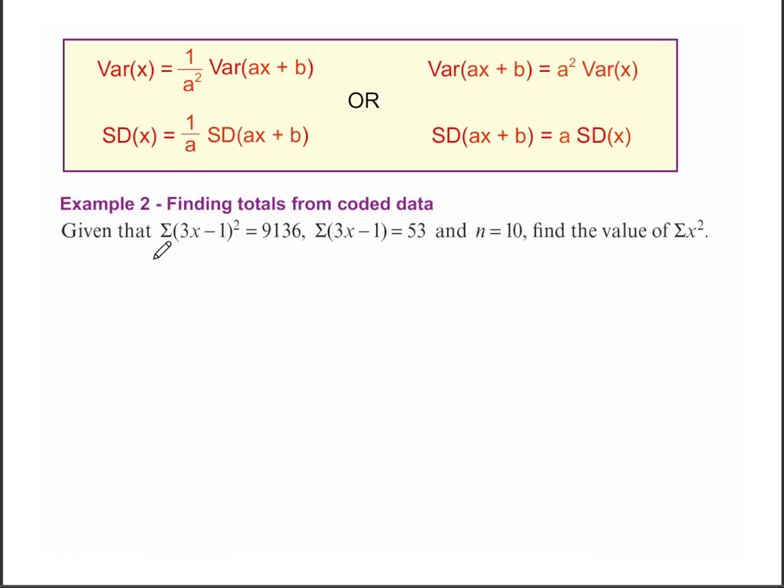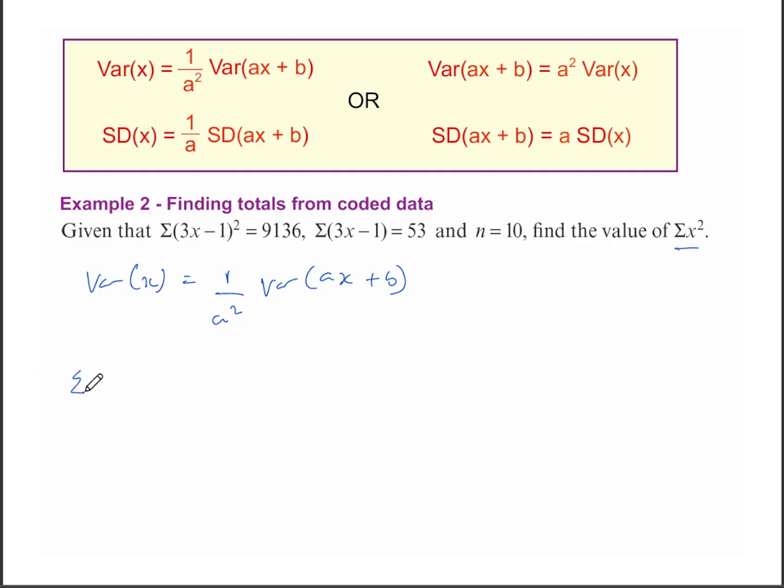Finally, given that the sum of (3x minus 1) squared equals 9136, and the sum of (3x minus 1) equals 53, and n is 10, find the value of the sum of x squared. So remember, the variance of x is equal to 1/a squared times the variance of ax plus b. Firstly, we need to write out what this formula is expanded.